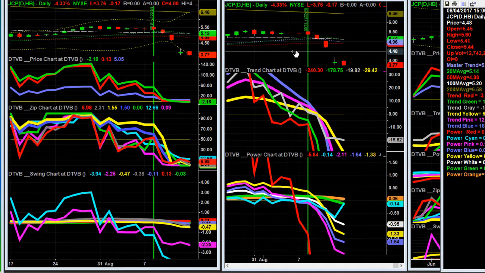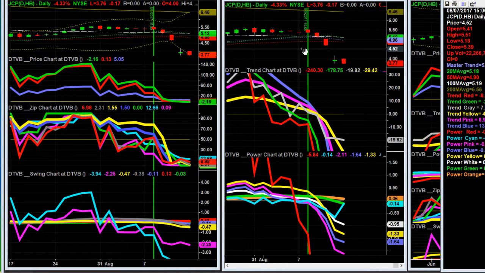On this day right here is the last day that power red is above zero. The day before the green line, power red drops underneath the zero line, and when that happens, that's pretty much the day that you should identify as potentially the day to get into the transaction.